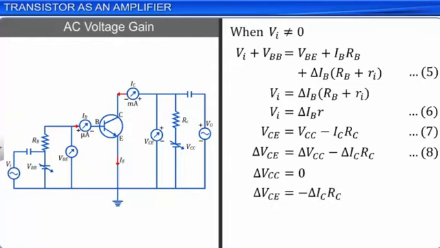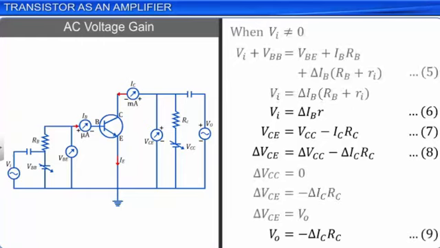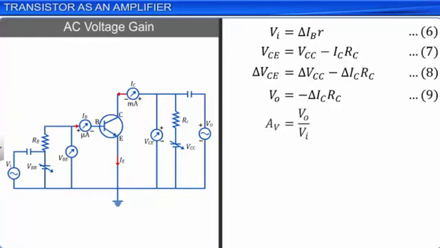The AC voltage gain AV is the ratio of output voltage VO to the input voltage VI. Substituting the values of VI and VO from equations 6 and 9 in the equation for AC voltage gain, we get AV is equal to minus delta IC into RC by delta IB into R. Let this be equation 10.